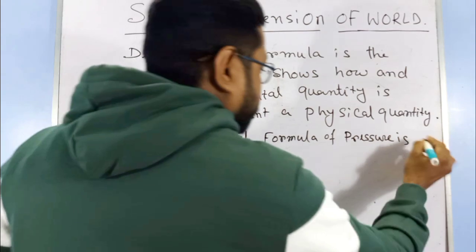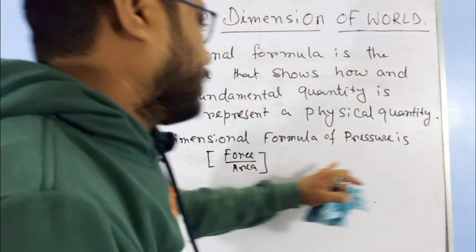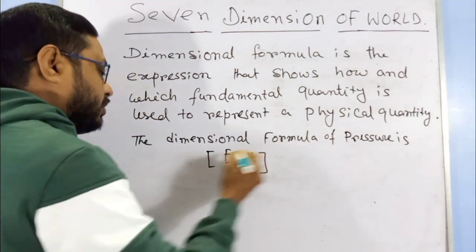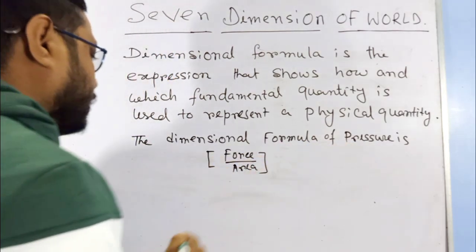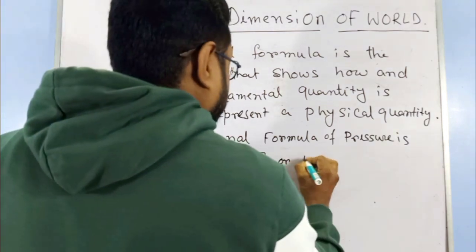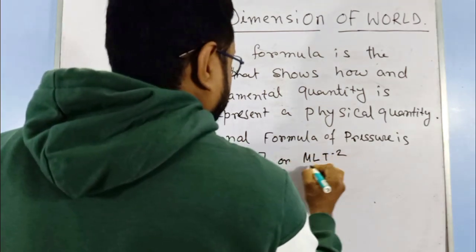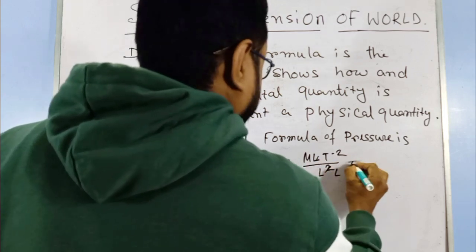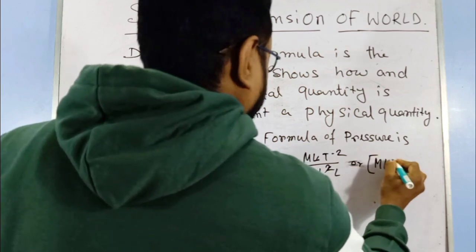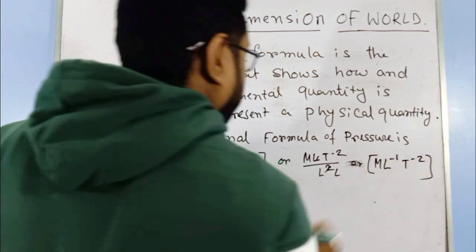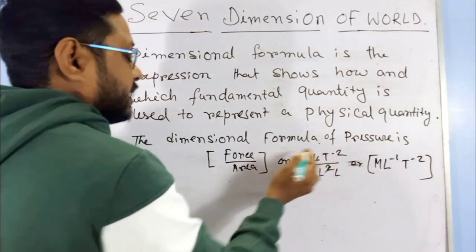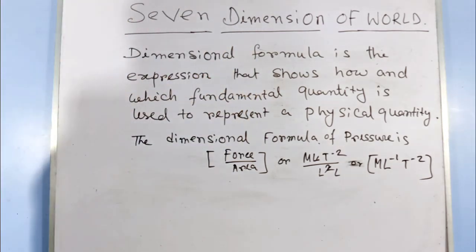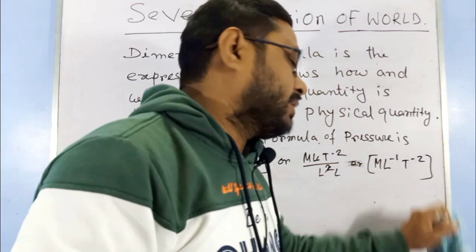We cannot use an equal sign here. If we use an equation, then it is written as a dimensional equation, but here we go with the dimensional formula. So we cannot put an equal sign here. Force by area, or force is M L T minus 2 by area L square, that is M L minus 1 T minus 2. The dimensional formula of pressure is M L minus 1 T minus 2.